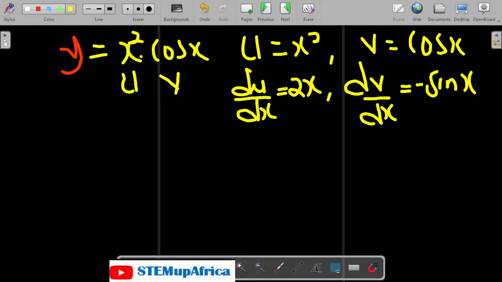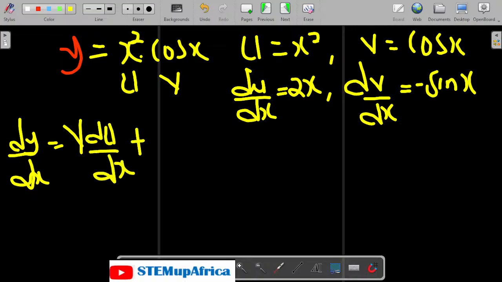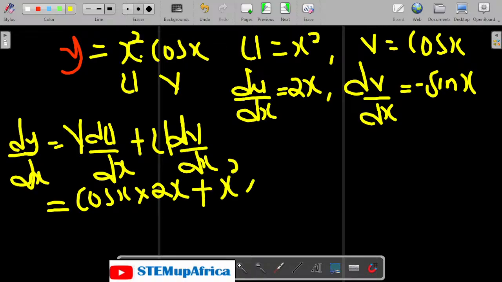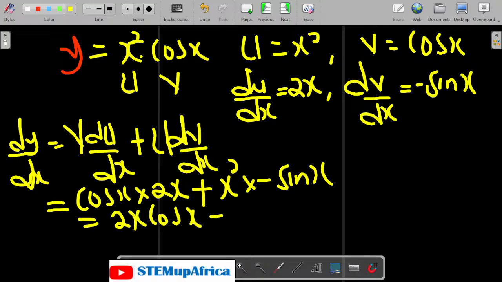For the product rule, dy/dx equals v du/dx plus u dv/dx. Substituting, cos x times 2x plus x squared times minus sine x. If I simplify, that gives 2x cos x minus x squared sine x. So our answer is 2x cos x minus x squared sine x.